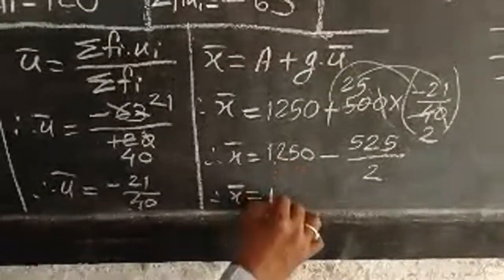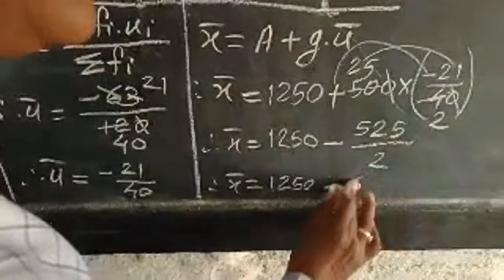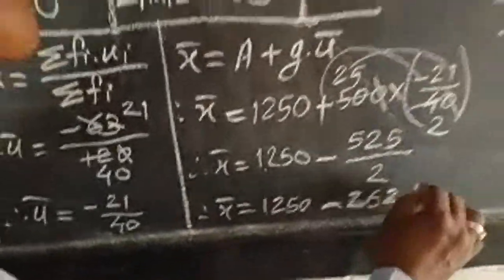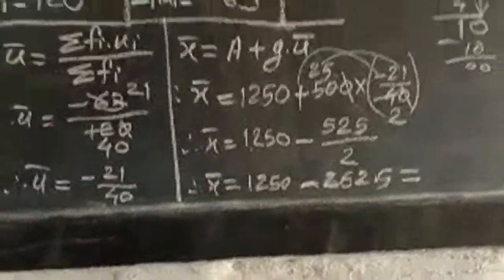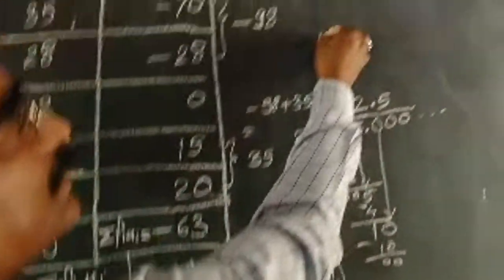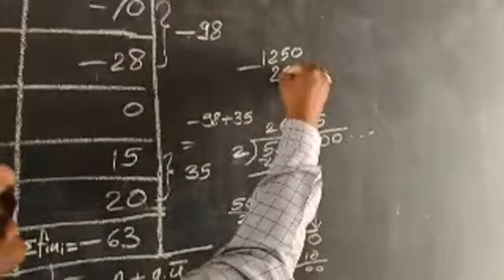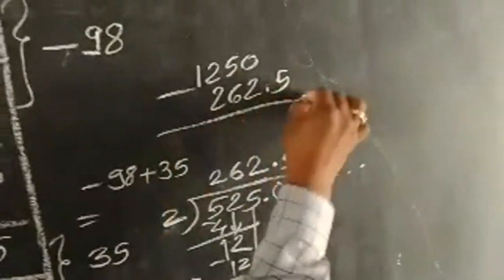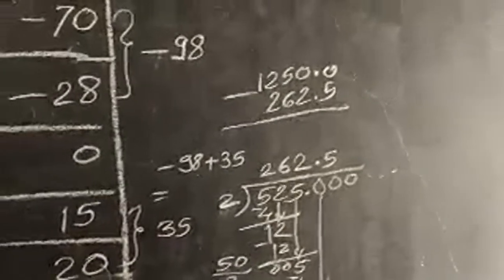Then the final answer we get: X bar is equal to 1250 minus 262.5, and do subtraction here. 1250 minus 262.5, take point 0 and subtract.